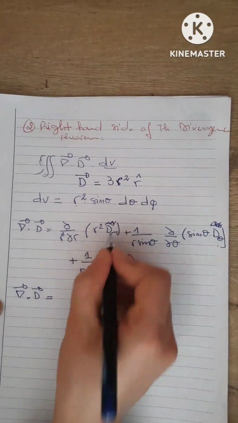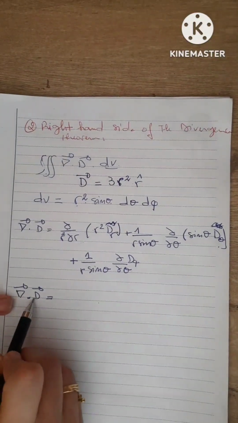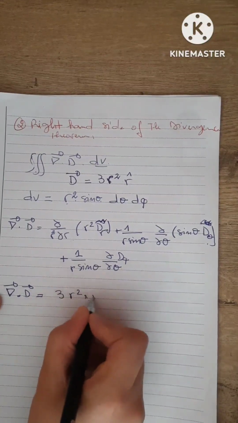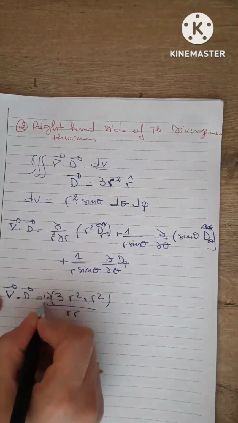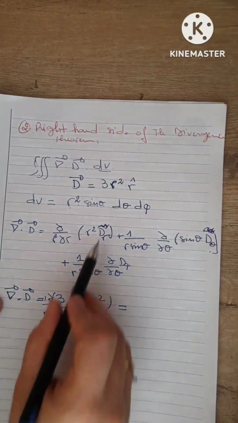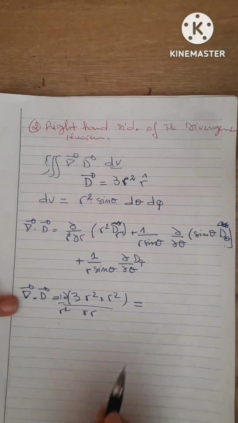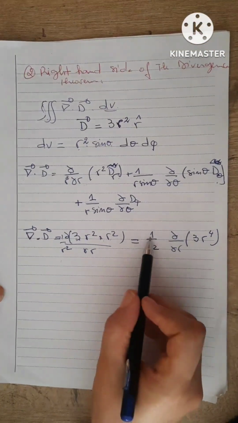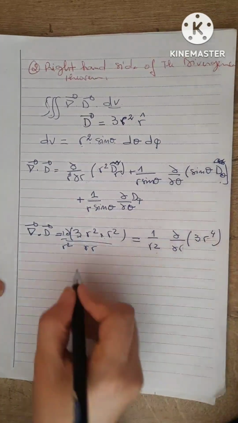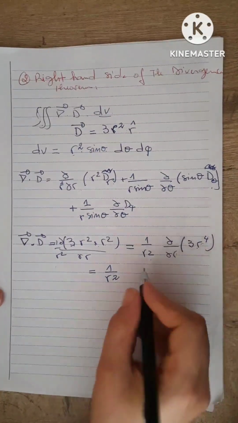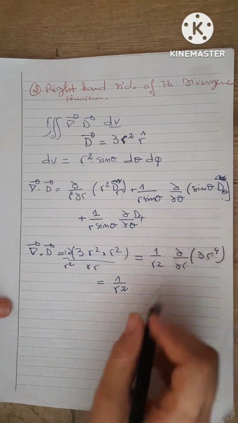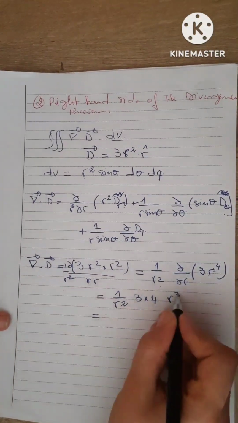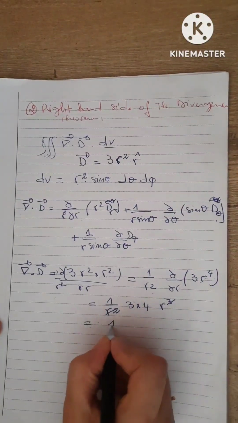Then the divergence of D is 1 over r squared d over dr of r squared times 3 r squared, which is 1 over r squared d over dr of 3 r to the fourth, so 1 over r squared times 12 r cubed. So we have just 12 r.